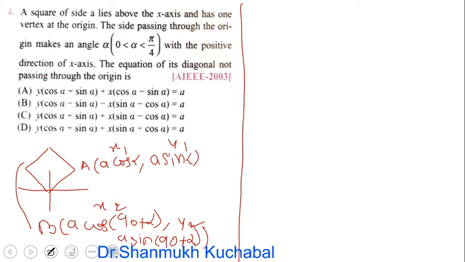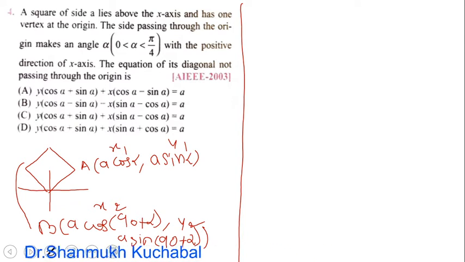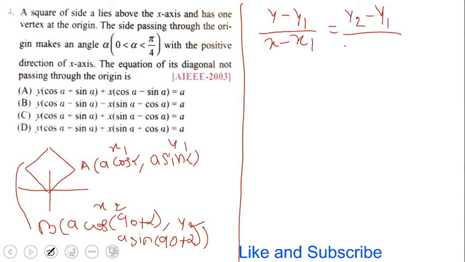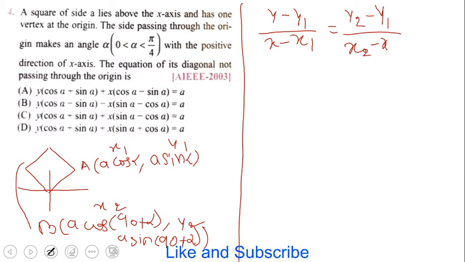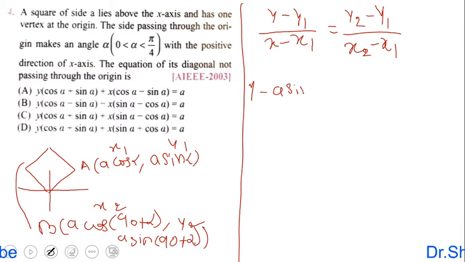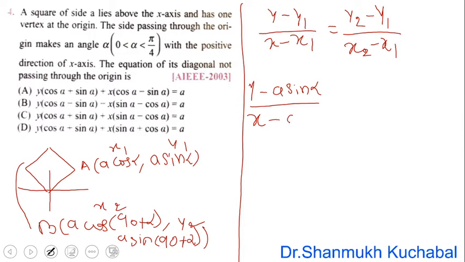Then we will use the two-point formula. The two-point formula is (y minus y1) divided by (x minus x1) is equal to (y2 minus y1) divided by (x2 minus x1). Then we will substitute all the values. y is as it is, y1 is A sin alpha, divided by x minus x1, A cos alpha.